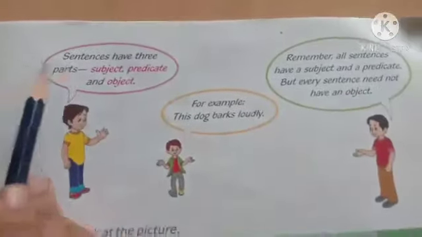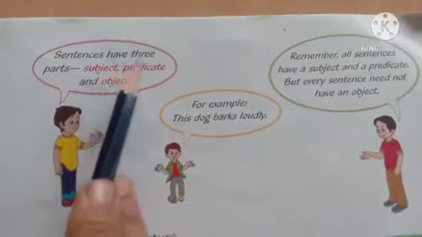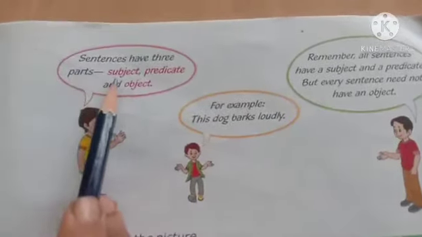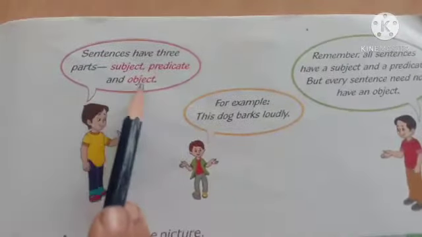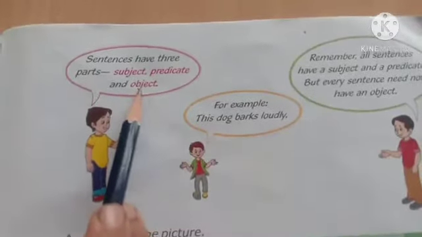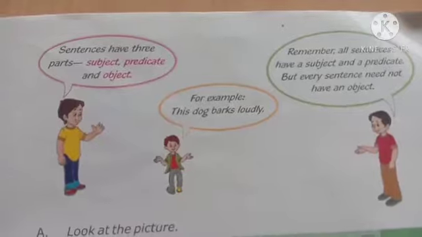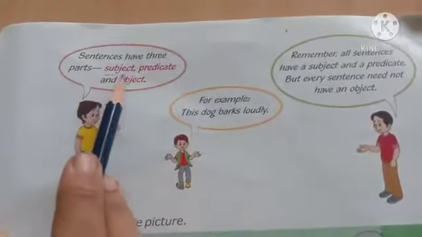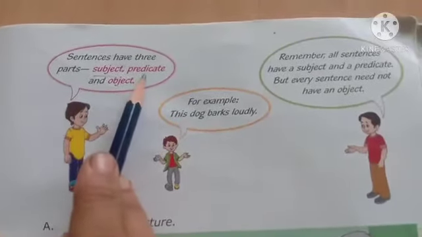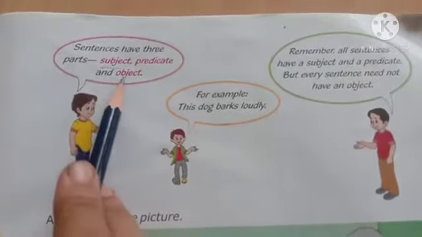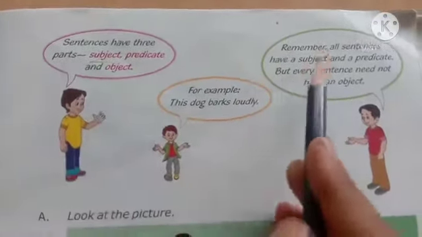See the next page. Sentences have three parts: subject, predicate and object. Remember this, students. One sentence has three parts. First is subject, second is predicate and third is object.